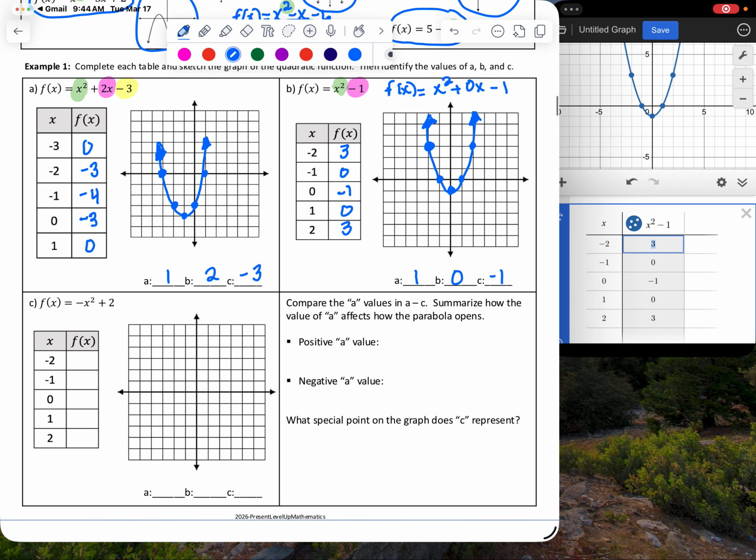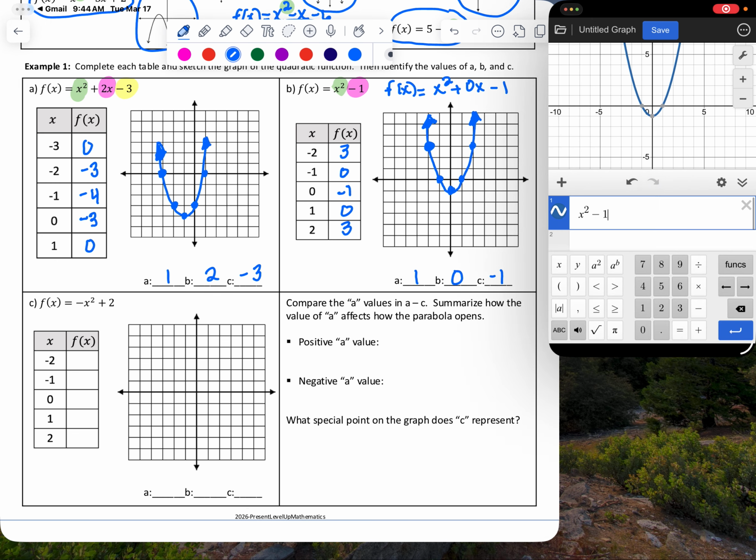All right, problem C. We have f of x equals negative x squared plus 2. So let me just change this. Oh, we want to make it negative x squared. So let me move over here. Make that negative. All right, so negative x squared plus 2. Press the gear button.